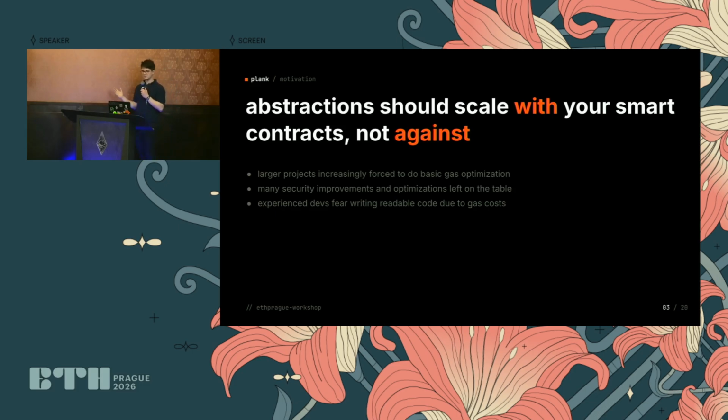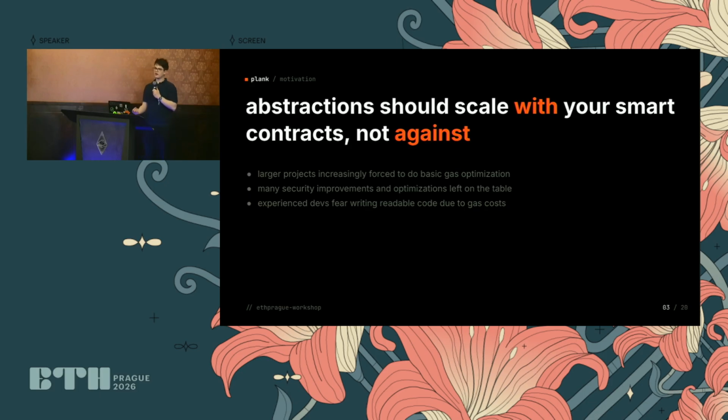This always left a lot of small security things on the table that really add up. They cause you to miss things that go into audits later, cause your development cycle to be longer, cause your risk of being hacked to be larger. As an auditor, I also noticed that really experienced devs like Zero Age from Seaport and other people, because Solidity is this way, were almost afraid of writing readable, normal code.